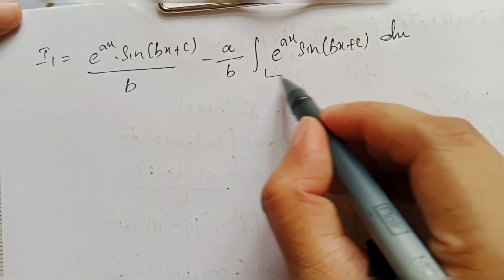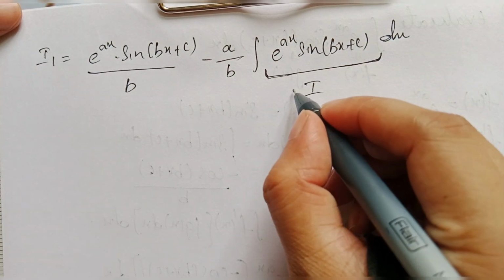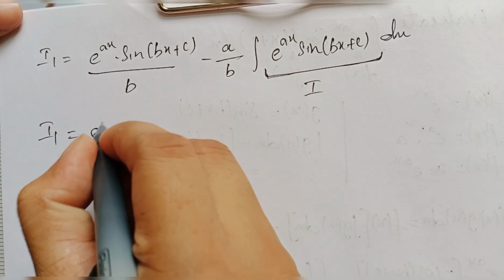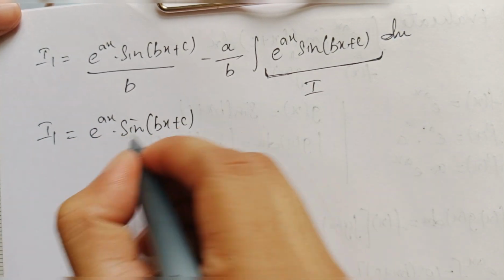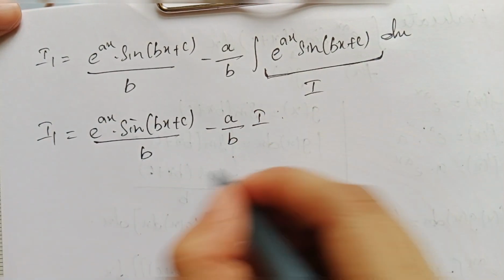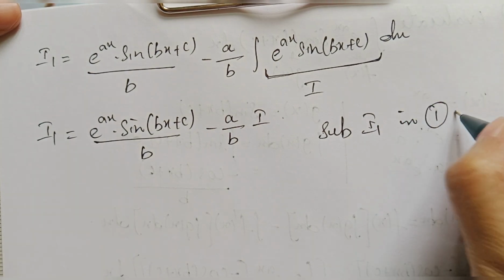This function is completely nothing but our given question, which we have taken as the I term. So we get I1 is equal to e^(ax) sin(bx + c) by b minus a by b into I. Substitute I1 in equation 1.